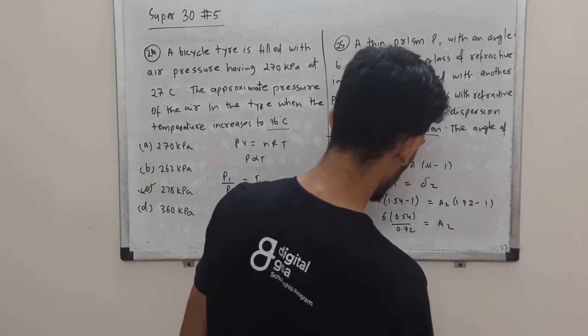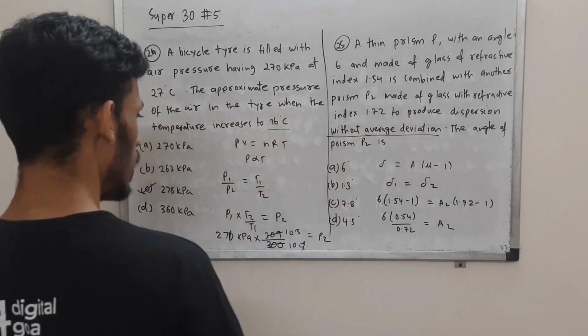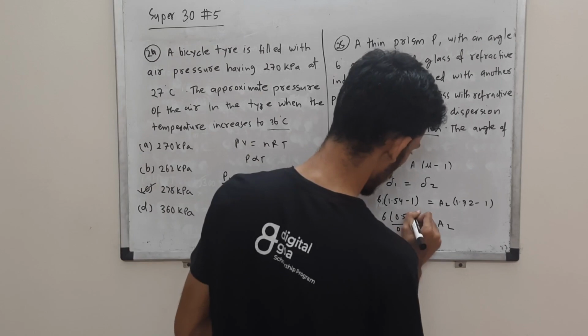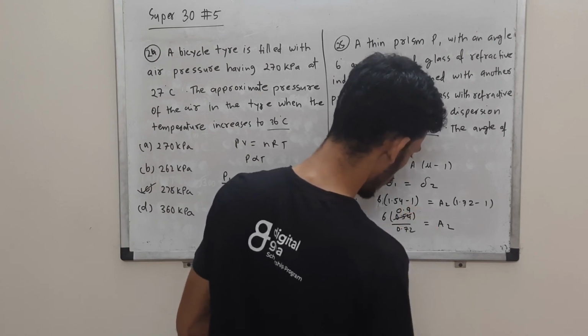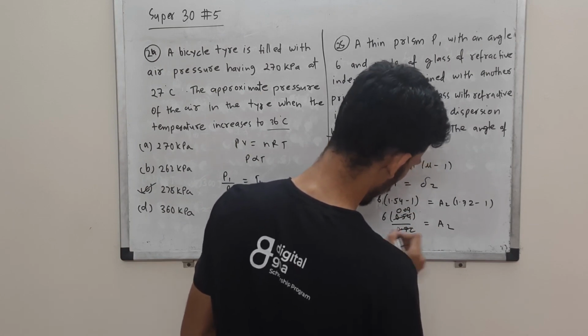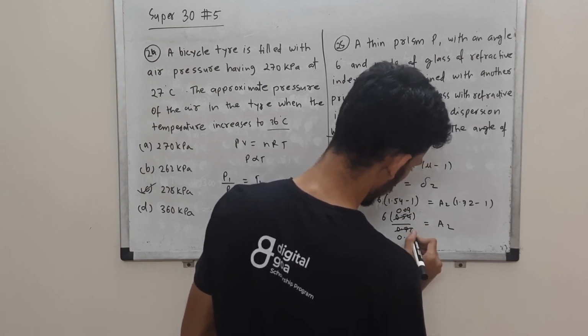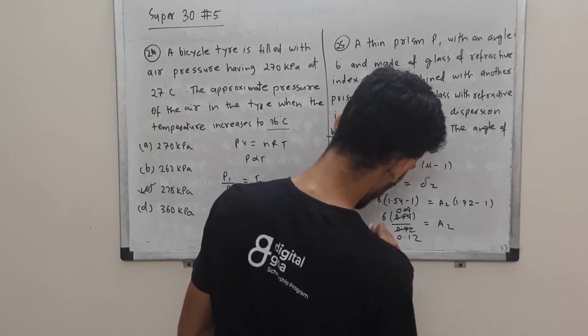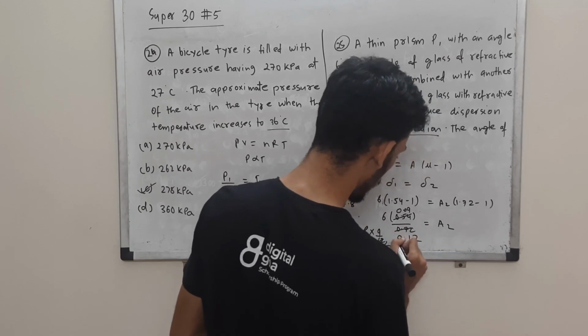I think that can be cancelled. 6 9s are 54, and 6 2s are 12. So this is 9 by 2 is the angle.